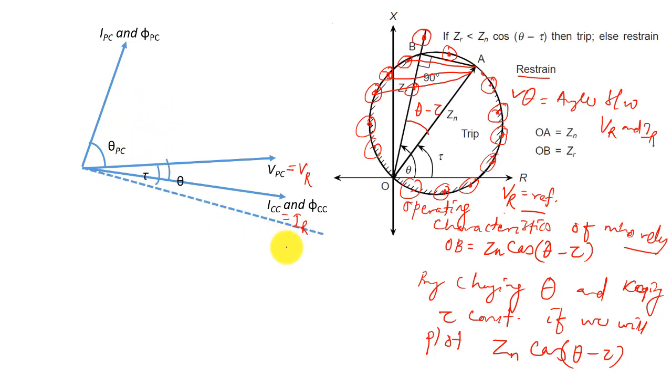And I can plot the MTA line, that is the maximum torque line, and I can plot the trip and restraining zones. So your trip zone is here and the restraining zone is there. This is your maximum torque line.